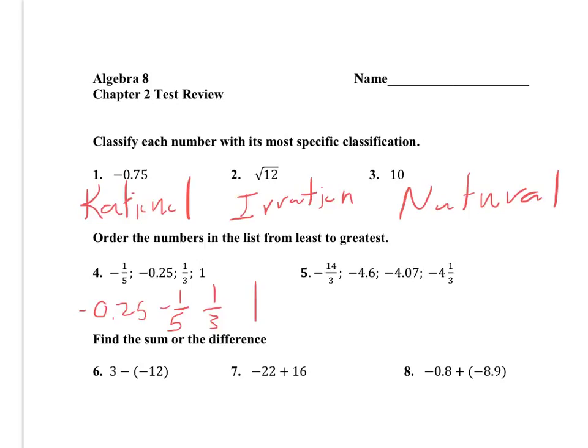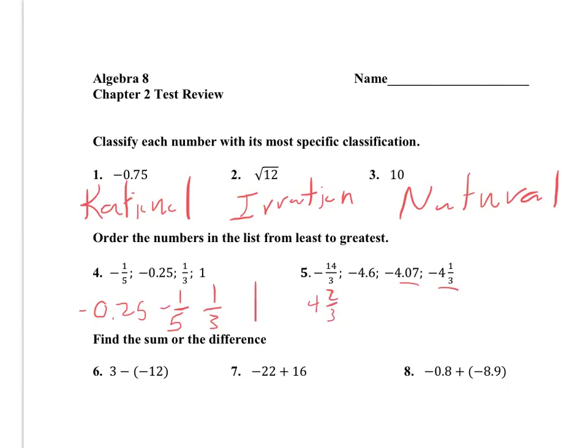Let's check. Well, I'm assuming negative 4 or 0.4 or 4.6 is bigger than, or should be smaller than these two. But negative 14/3, let's figure that one out. Probably as a mixed number, that would be 3 goes into that 4 times with the remainder of a 2.